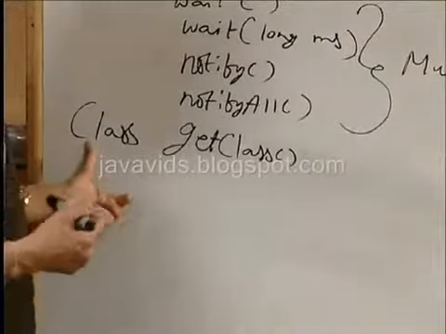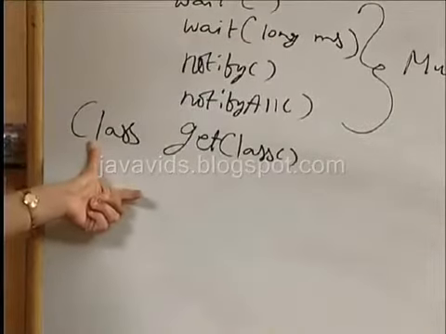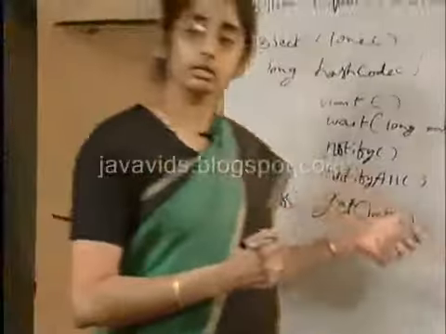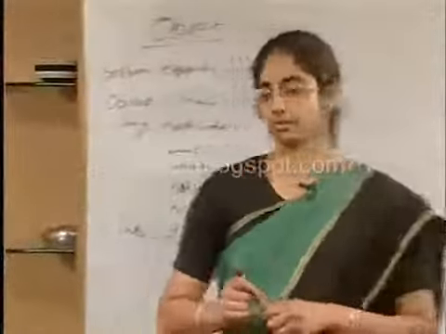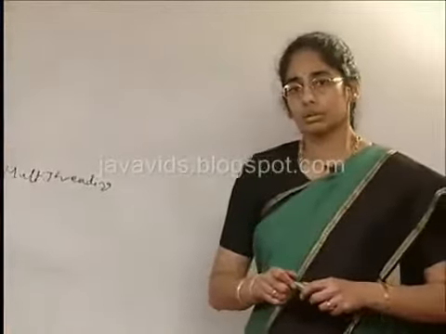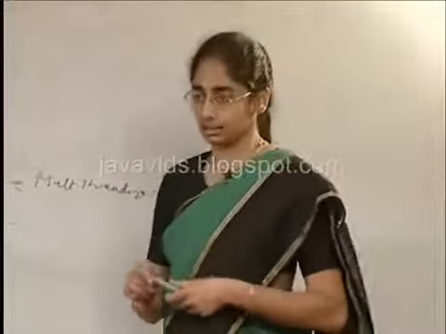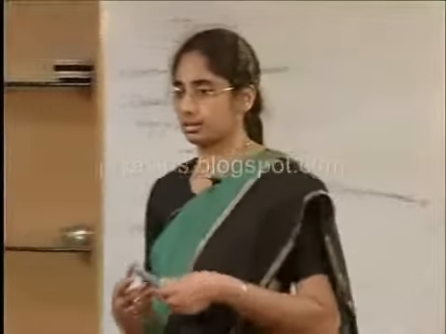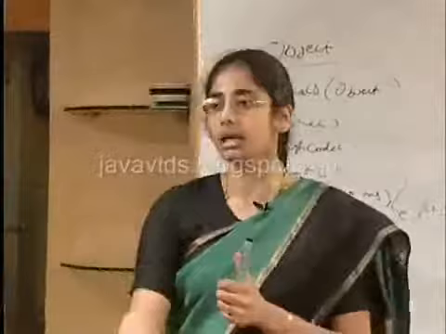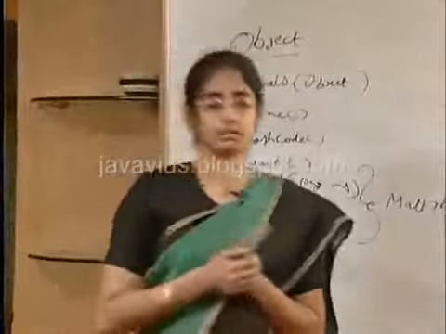Now Class here, with uppercase C, is a class also. This also belongs to the lang package. getClass is used to make a reflection on a class. Now what do I mean by a reflection? What do you see when you take a reflection of yourself? You see yourself, right?